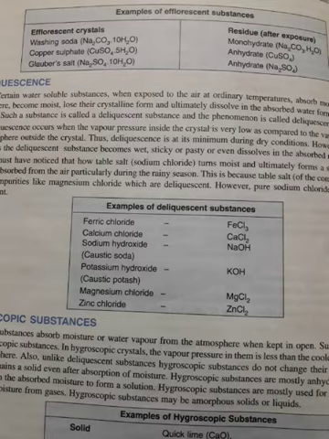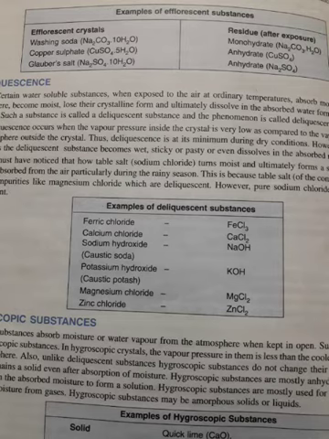Hydrated salts are crystalline in nature. So a crystalline hydrated salt, when exposed to the atmosphere, loses its water of crystallization to the atmosphere and changes into an amorphous state. This process is known as efflorescence, and substances which show efflorescence are known as efflorescent.